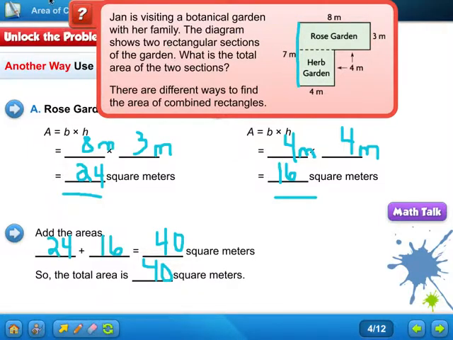But when you do the rose garden and the herb garden, you're only doing this part by this part. And for the rose garden, you're doing this part by this part. So you're not ever using that 7 because that's the whole thing.